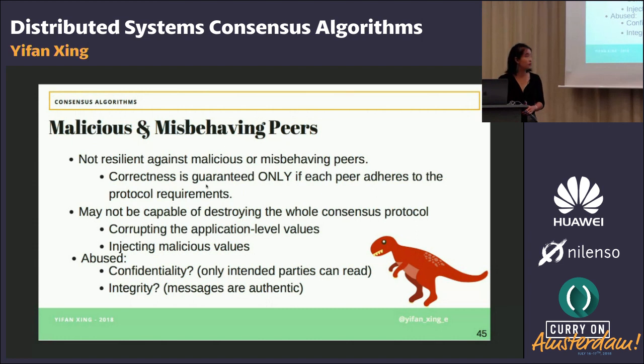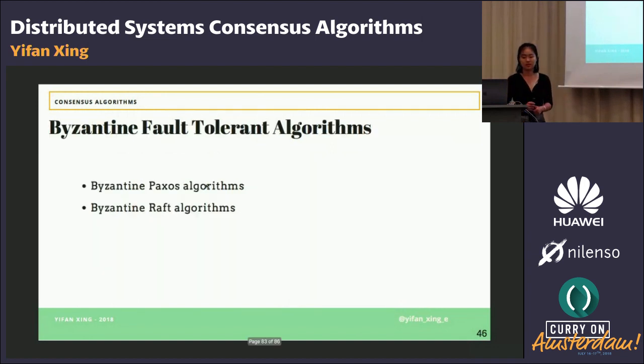Having one node that's malicious may not be capable of destroying the whole algorithm, but it could corrupt the application level data, and it could inject malicious values in the application. So our application could be abused. In this case, we cannot really guarantee the confidentiality and integrity of the system.